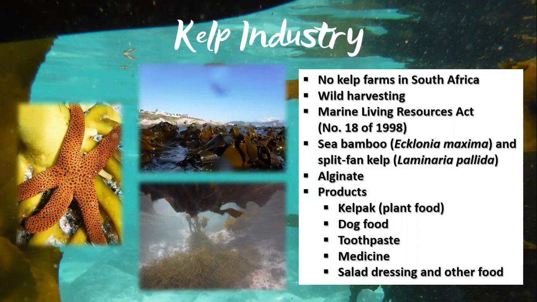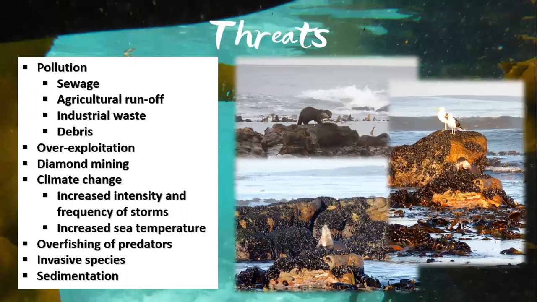The most well-known of these products being the Kelp plant fertilizer and biostimulant. It also goes into dog food, toiletries such as toothpaste and shampoo, in pharmaceuticals, so that's medicine, and in cooking, baking, and salad dressing. There are a number of threats to the world's kelp forests.